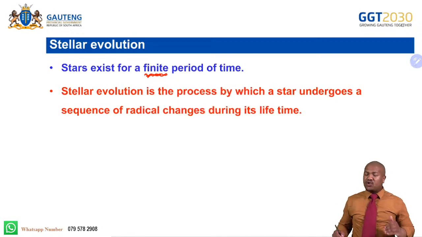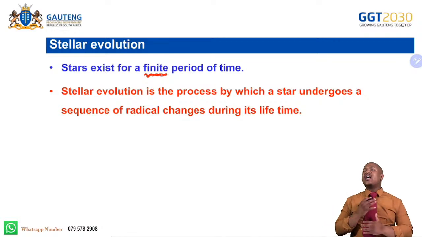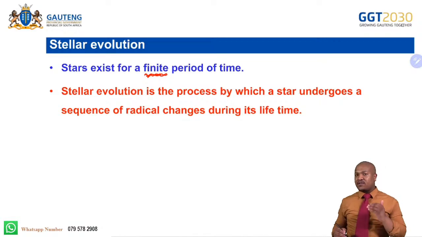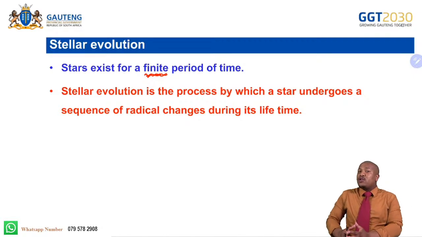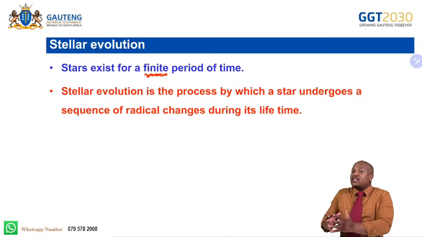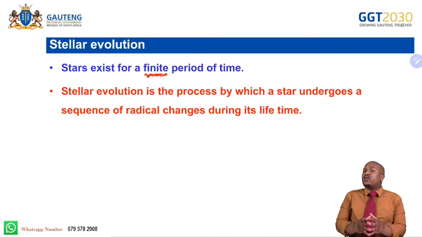So stellar evolution is the process by which a star undergoes a sequence of radical changes during its lifetime. Just as us as human beings, you undergo certain changes in your lifetime. You are born, you live, you become a toddler, you become a teenager, undergoing a series of changes. That's what happens with a star as well.